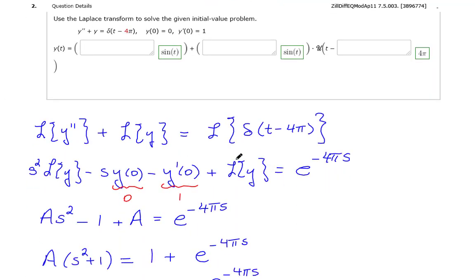Alright, in question 2 here, same situation, except now we have a second order problem. The impulse is at t minus 4 pi, so shifted over, and we have our two initial conditions. So take the Laplace transform of both sides. My initial condition, y at 0 is 0, y prime at 0 is 1.